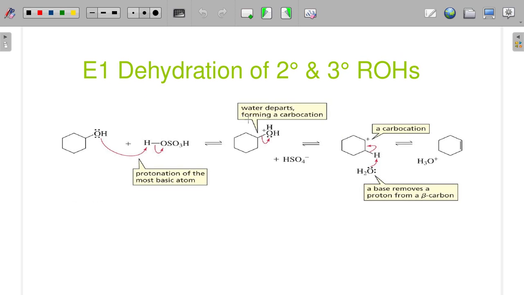All right, now mechanism looks something like this. The H does get attacked by the O and does make a good leaving group. But this time when it goes to leave, instead of leaving and just going away, it leaves and then an adjacent H gets actually pulled off and you make your double bond.